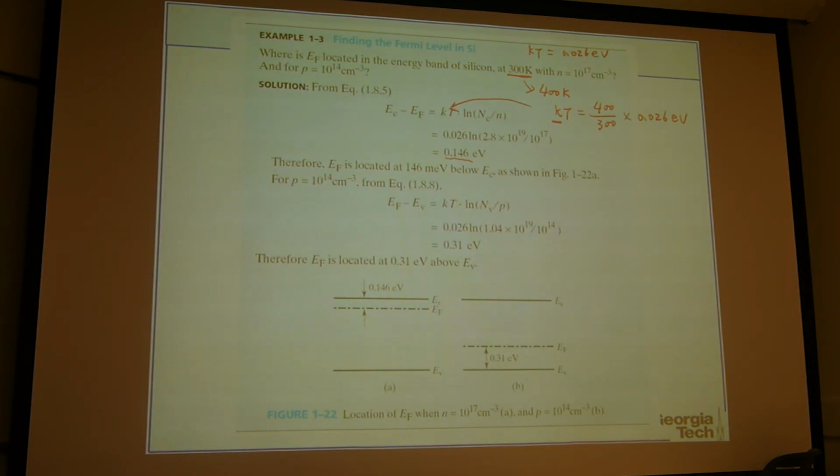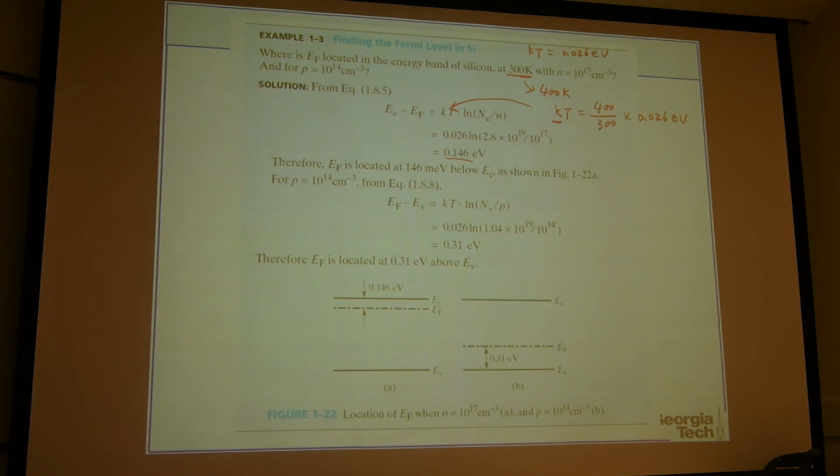So, one more question. Okay. If we further increase the temperature, where would be the Fermi level? Where would be the Fermi level if we further increase the temperature to 500K? Any idea?